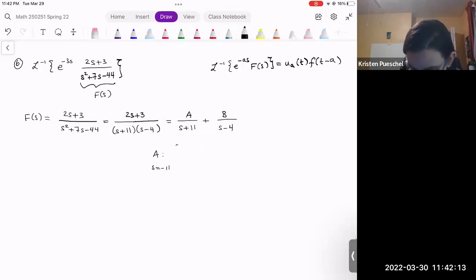So we have 2 times negative 11 plus 3, over negative 11 minus 4, or negative 22 plus 3 over negative 15. This is going to be negative 19 over negative 15, or 19/15.